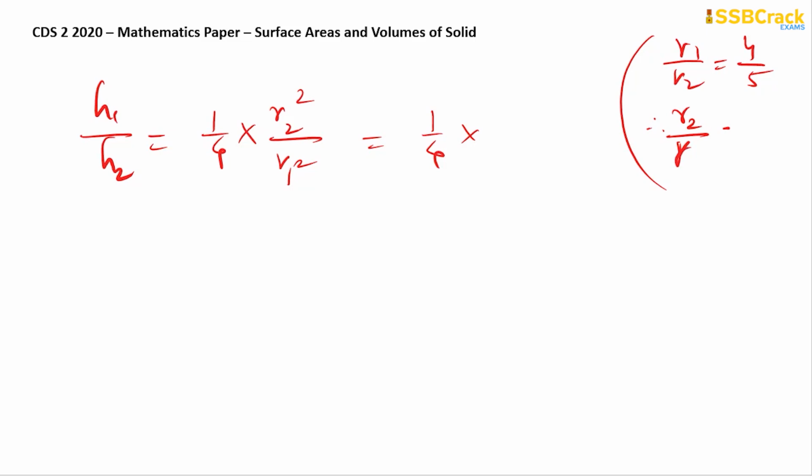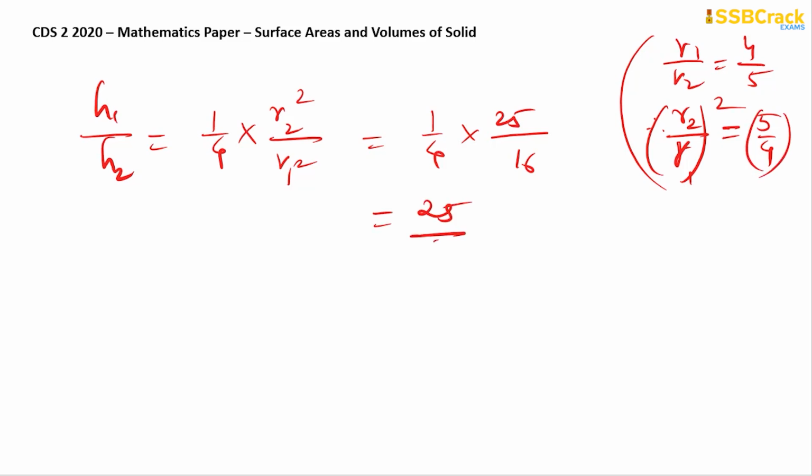So let's substitute here. It's 25 upon 16 because it's the square, and so we obtain 25 upon 64. So the required ratio is 25:64, and hence the right key for this question is option A.